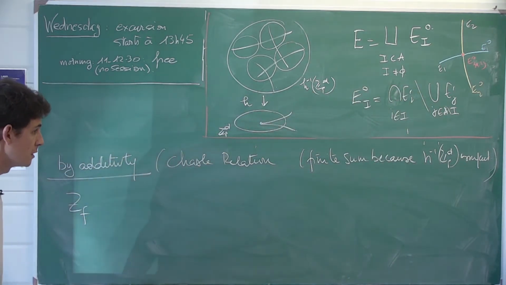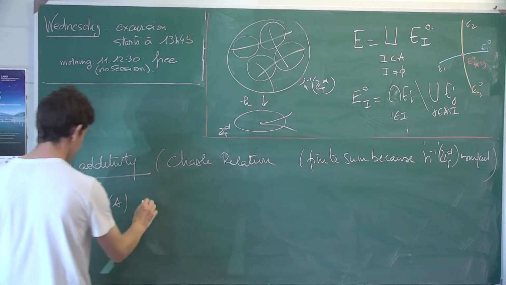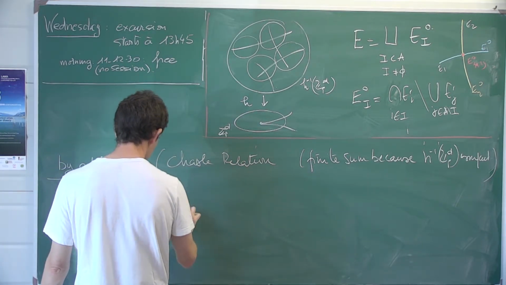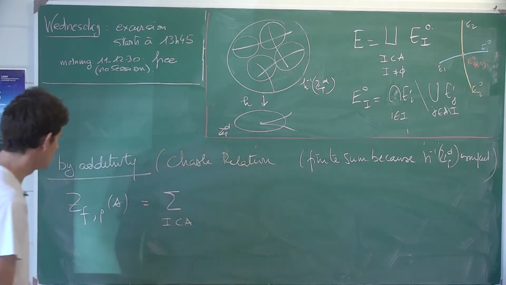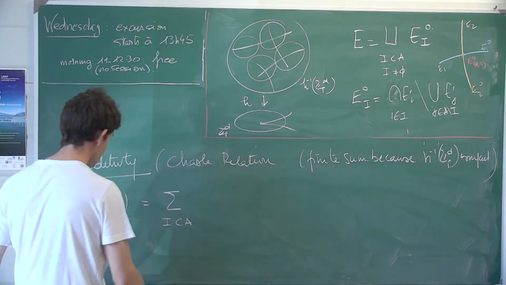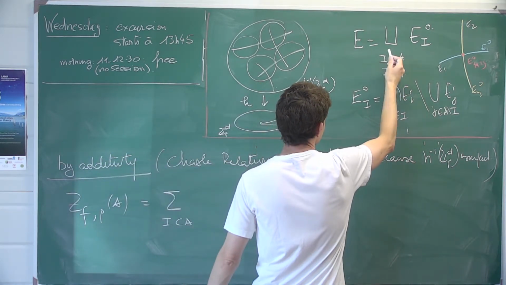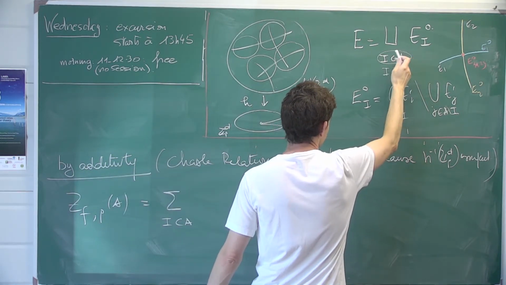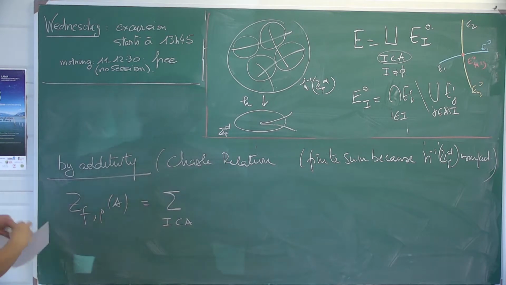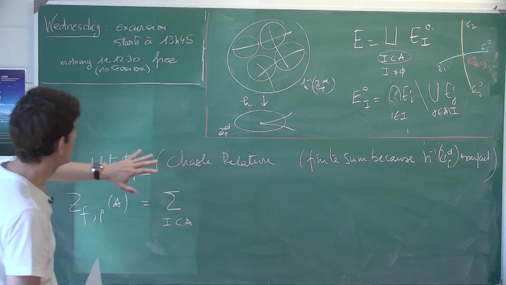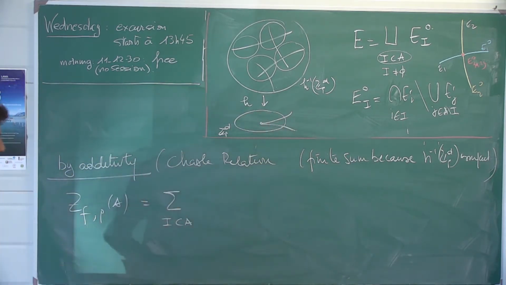We have proofs that the zeta function of f is something like a sum over the components of A, of a finite sum over some parts of A, all the parts except the empty set of A. Of course the empty set can be considered alone, because H is an isomorphism, so it's not a problem for that.